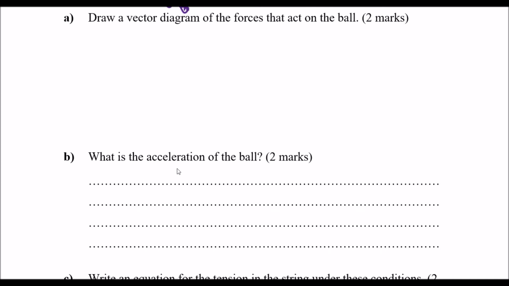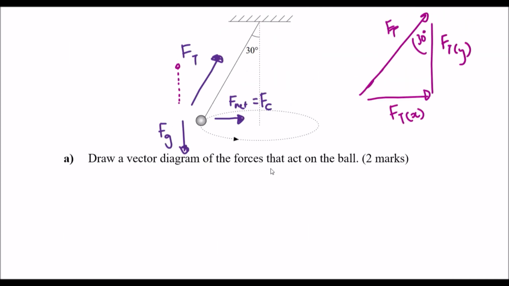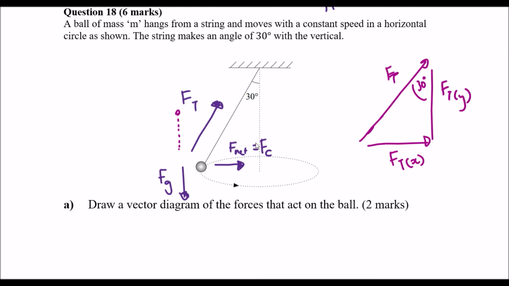Okay, question B says, what is the acceleration of the ball? Okay, so to do this question, as you can see, we are dealing with a mass m. So we don't know what the mass is. We have angle, so we want to find acceleration. Now the acceleration is this component here, right?